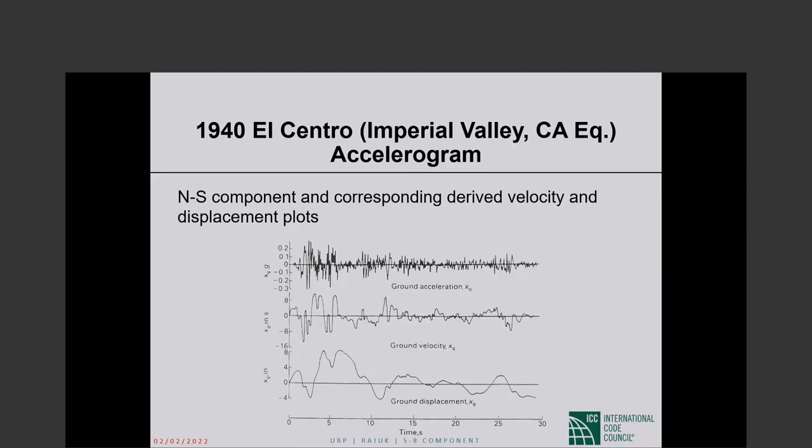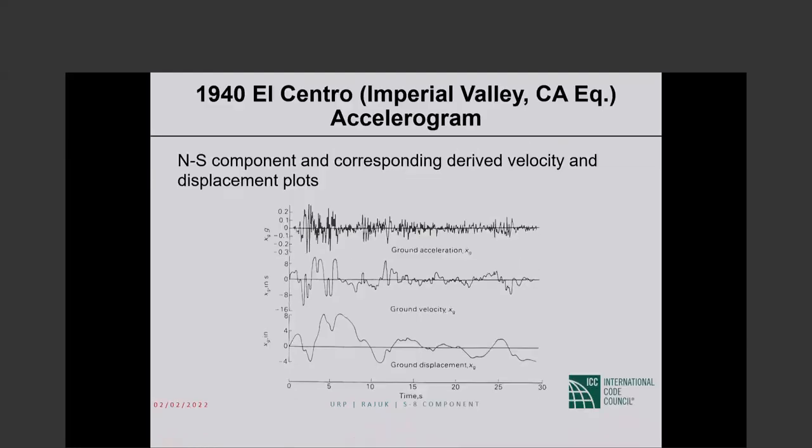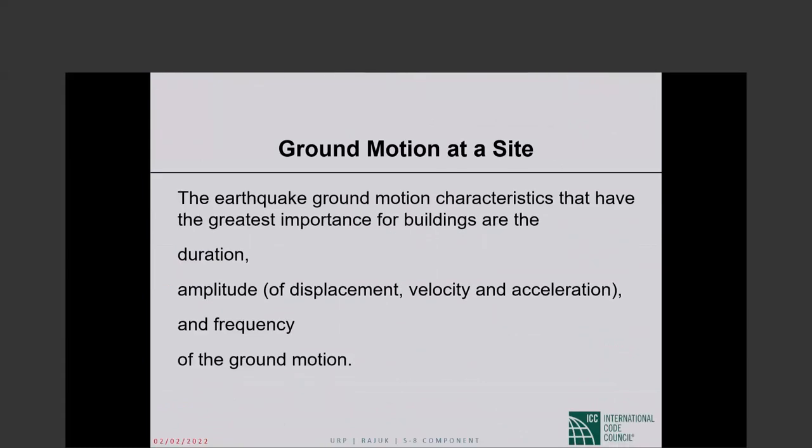The acceleration plot shows very high frequency typically. When you integrate the accelerations into velocities, the frequency drops. And when you integrate the velocities into displacements, the movements of the ground are not frequent at all. They still go back and forth, but relatively slowly compared to the accelerations.